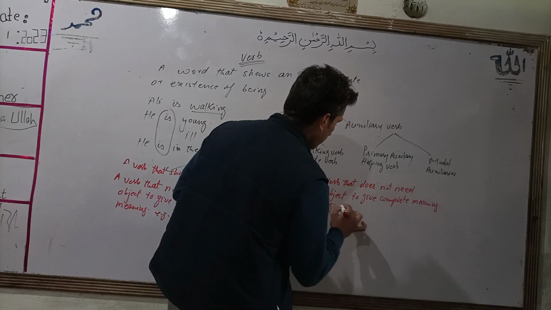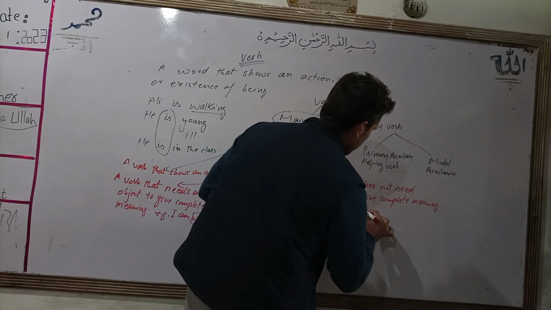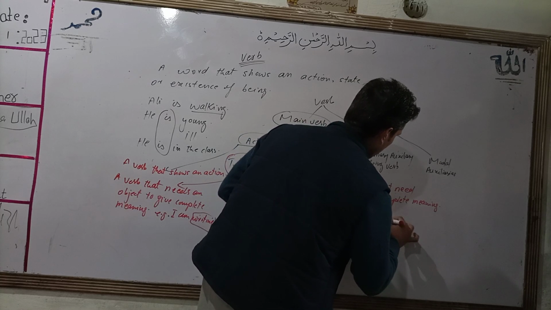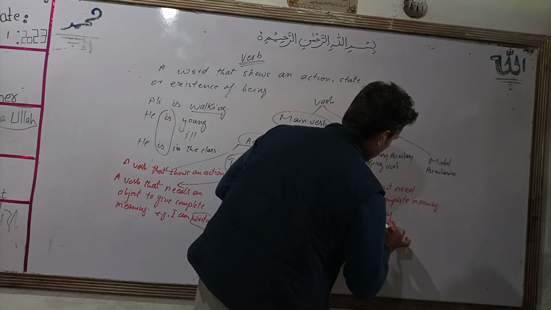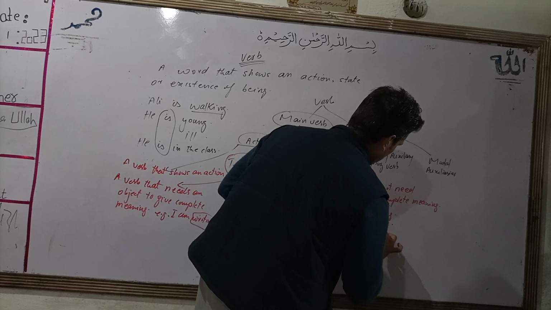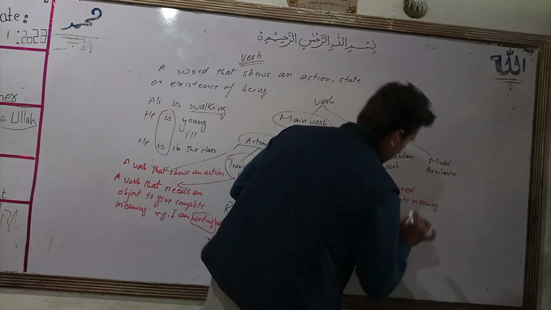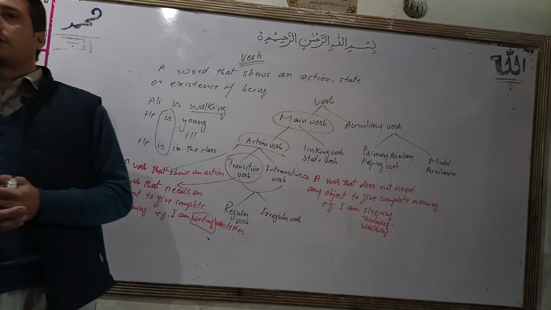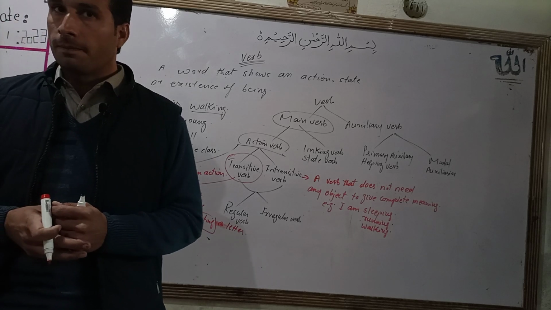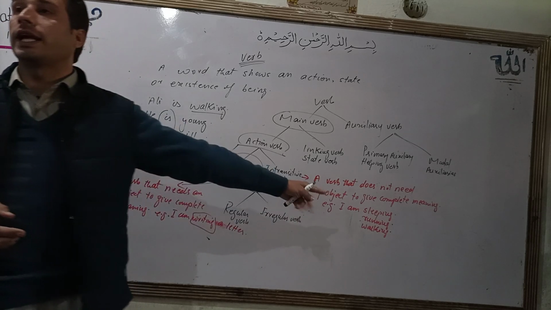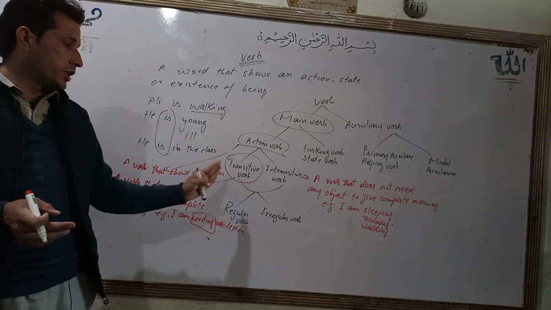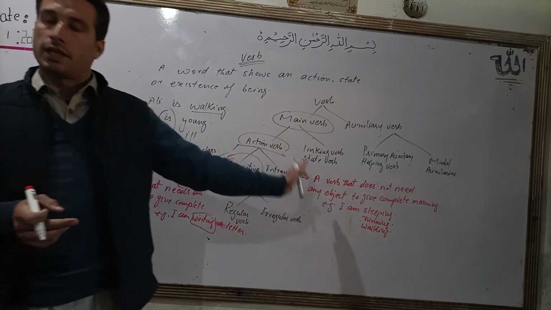For example, I am sleeping, running, walking, smiling, laughing, standing, sitting. Okay? All of these are intransitive verbs. So that's the major difference between transitive and intransitive verb.